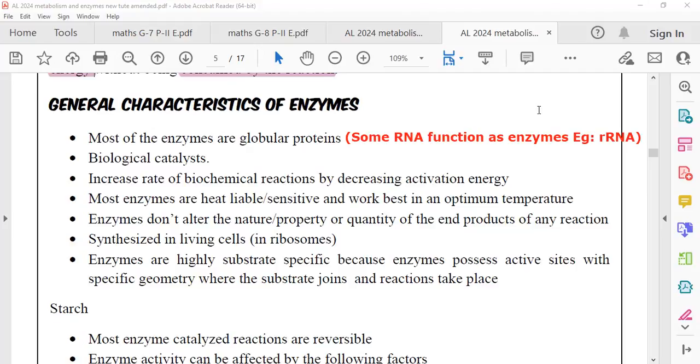So next it is, enzymes are highly substrate specific. Now, if you take a teacher, teachers are subject specific, correct? Different teachers have mastered themselves in different subjects.